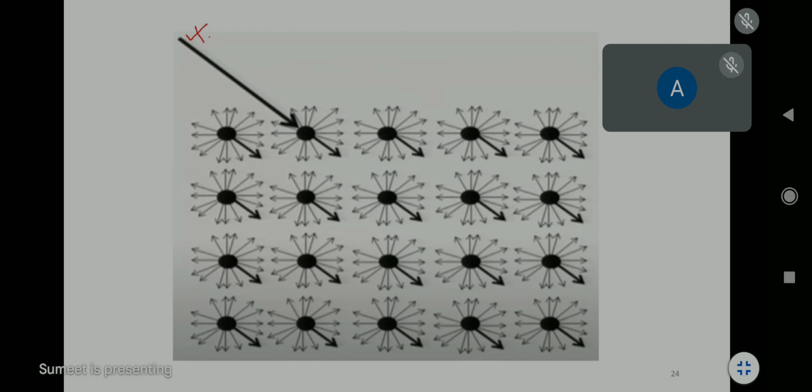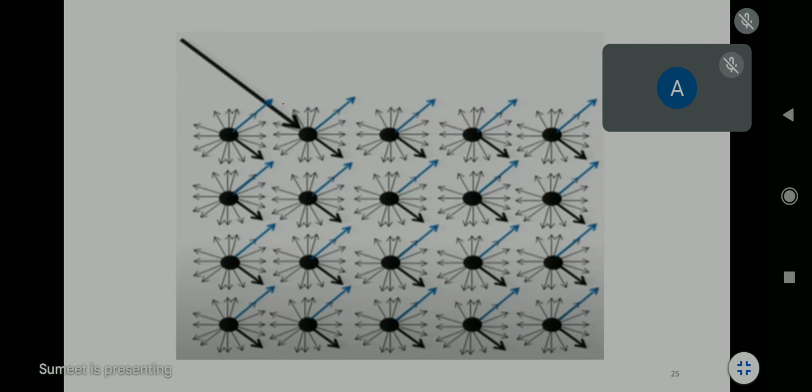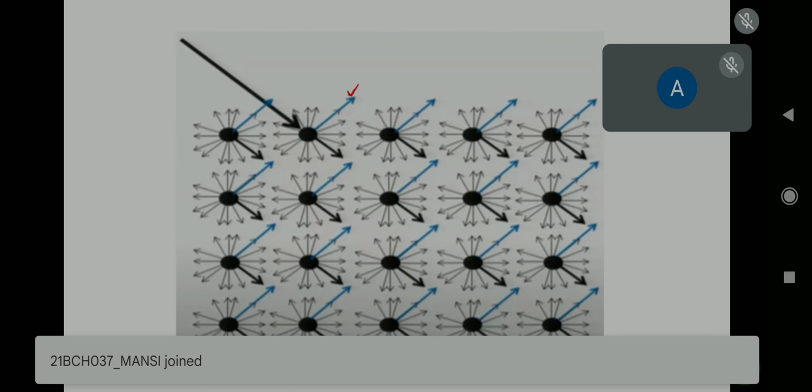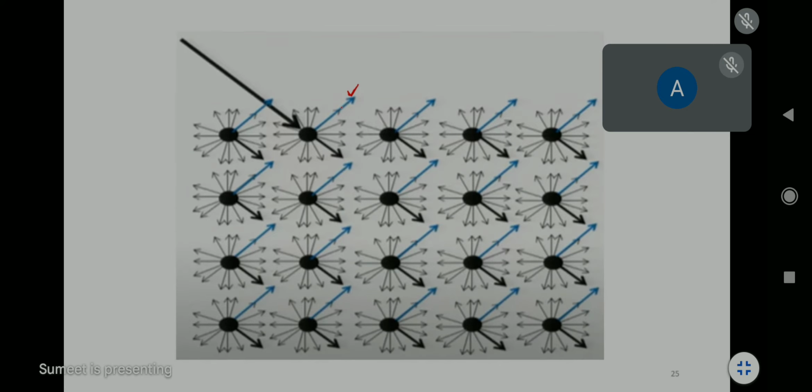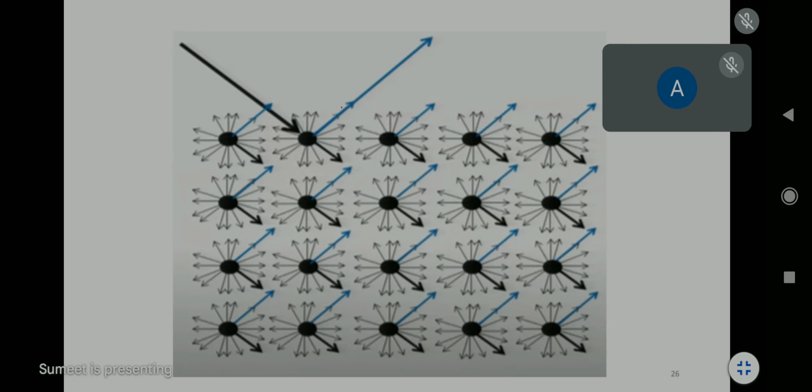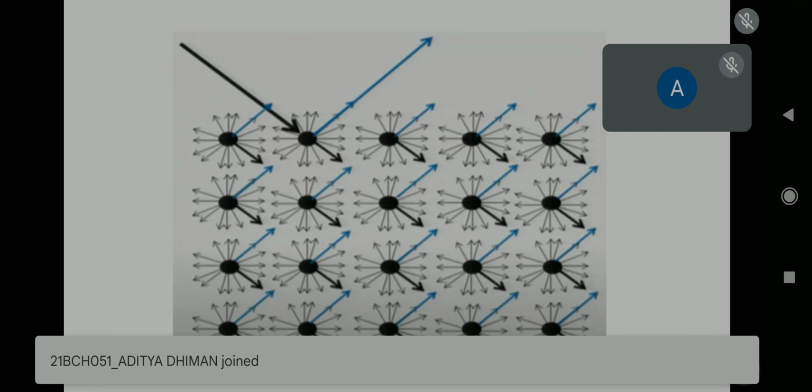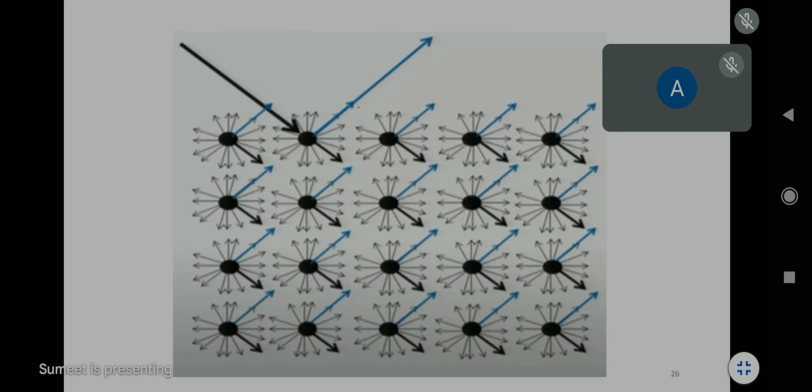So this is the X-rays here. Now, suppose I'm considering this as the diffracted beam or reflected beam, whatever you want to call it, but it is better if you call it a diffracted beam. It is getting diffracted in all directions, but I'm considering this blue direction only. For this blue direction, I'm showing it by a longer arrow, which means it gives the resultant of all these arrows.